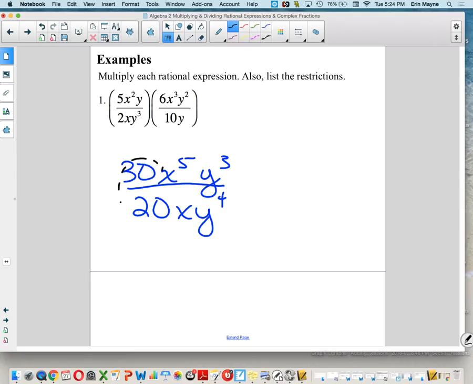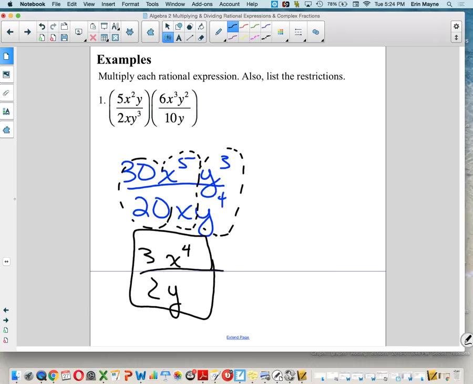So I'm going to say right here, 30/20 reduces to 3/2 by dividing both by 10. I have 5 x's on top, 1 on bottom. That leaves me with 4 on top. And I have 3 y's on top, 4 on bottom. That leaves me with 1 y on bottom. From the non-reduced form, I'm going to state that x cannot be 0 and also y cannot be 0.